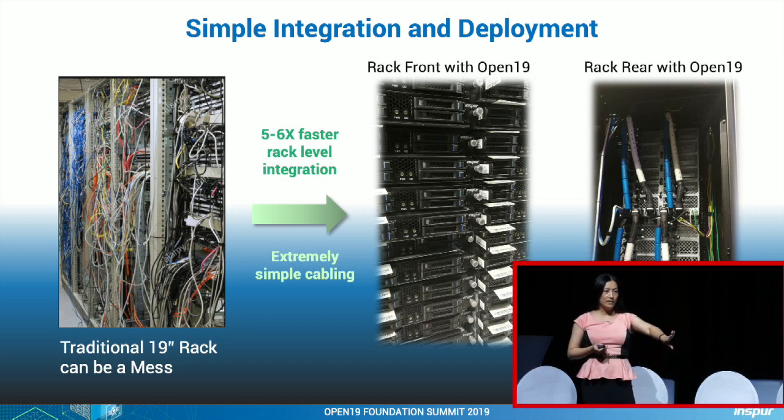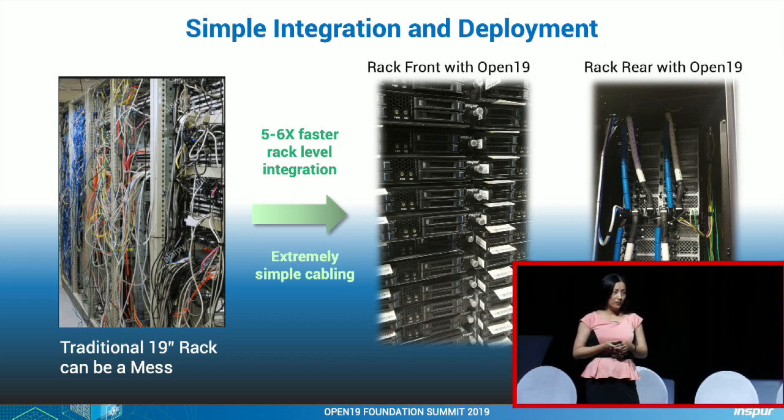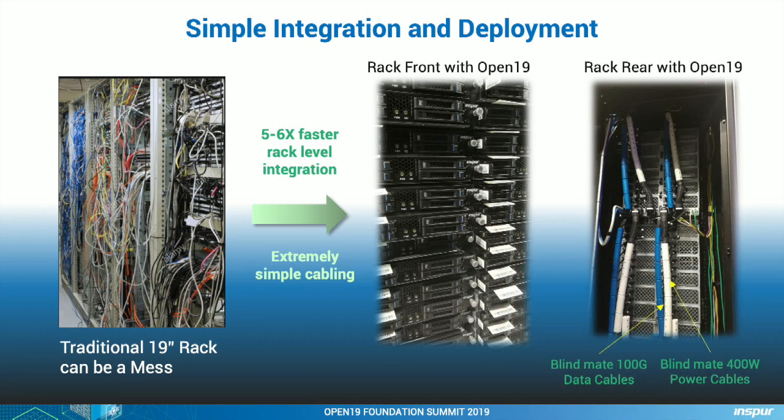On the left-hand side, you see the messy, conventional cabling that you have for standard 19-inch rack mount form factors. On the right-hand side, you can see the Open19 deployment, how simple and elegant the cabling is. You have two cables: the blue cable is the data cable, and the white cable is the power cable.